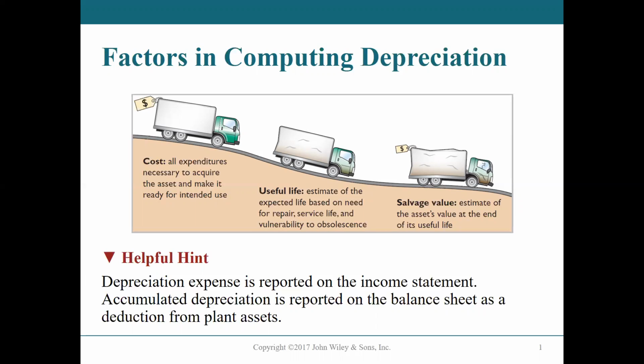People tend to think of depreciation as a way to record the drop in value of an asset over time. And while it does seem to have that effect, that's not really the intent of it. The intent of depreciation is to spread out the cost of the asset over its useful life so that we can expense the asset equally, or sometimes not equally, we'll see a couple methods, but expense the asset over its useful life. So that's the intent.